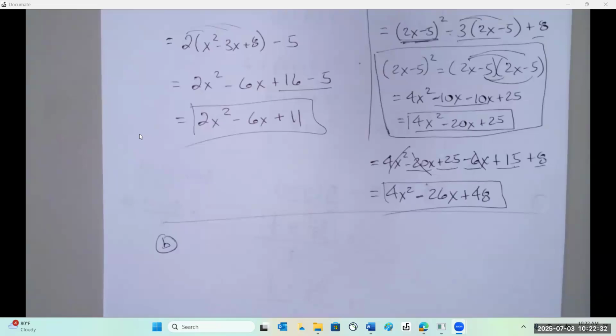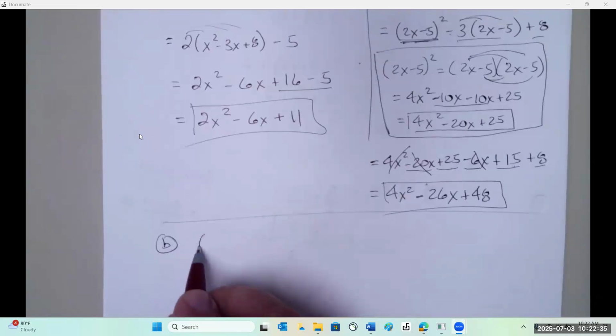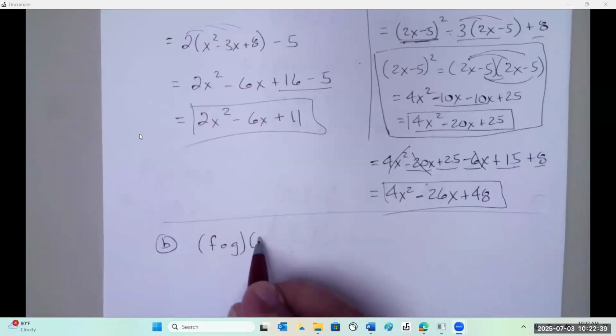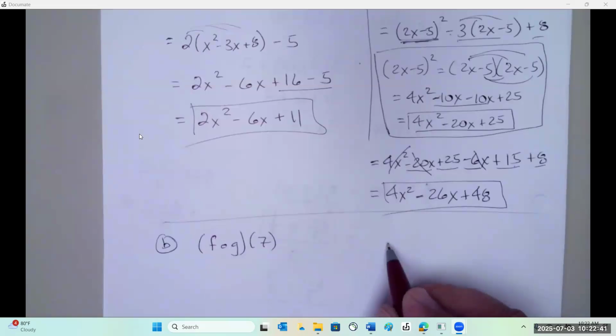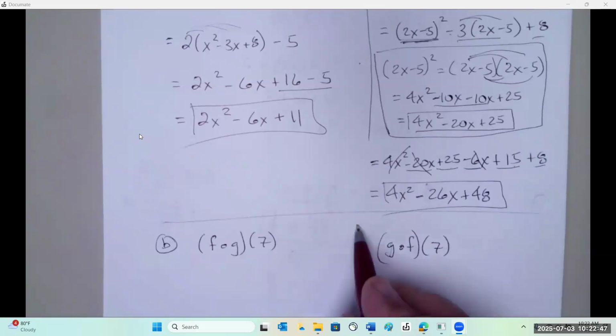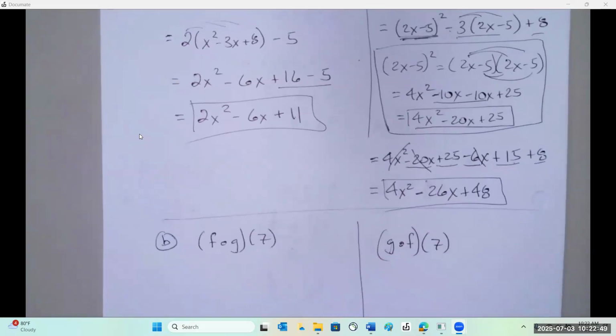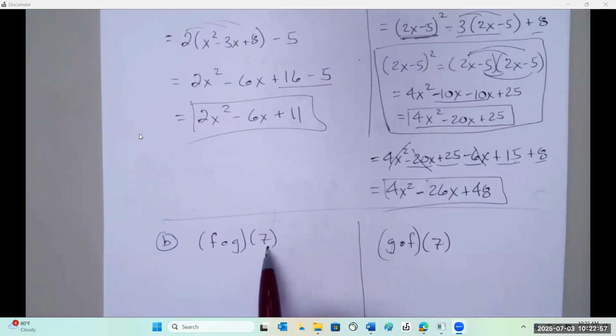Question B, it's asking for the f of g and g of f at specific values now. Because now we're going to find specific values, because we defined what x was. x is 7.